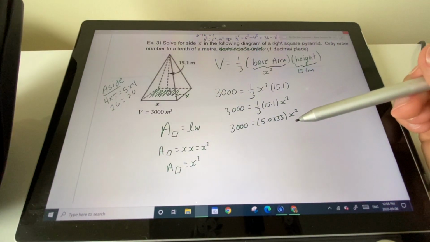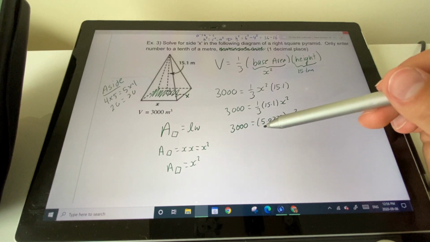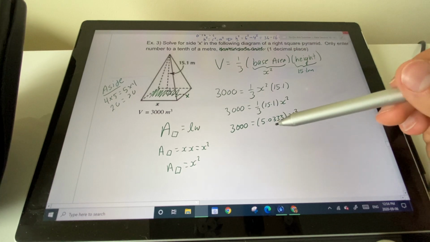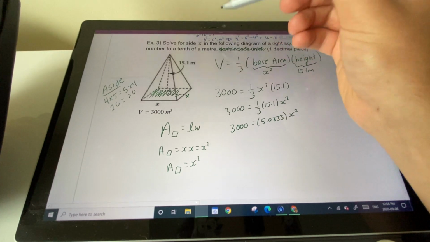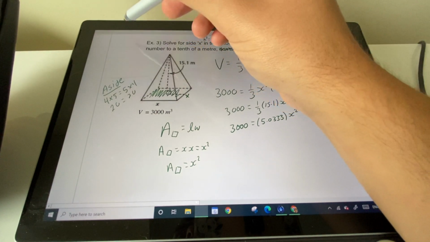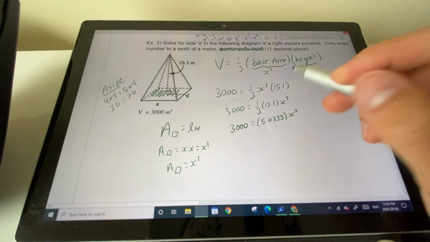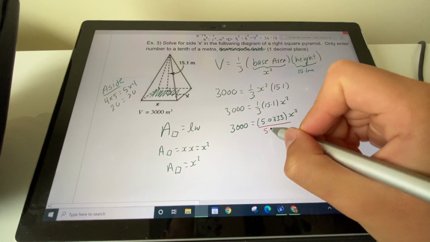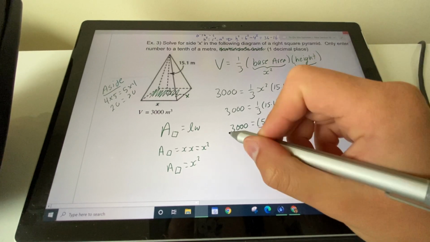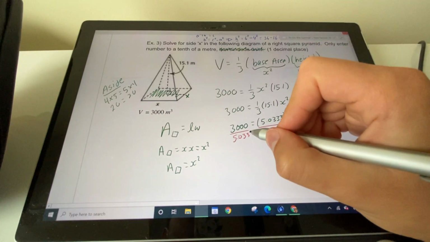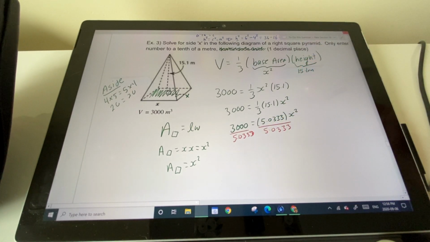Now, how do I solve for x? Well, this thing is multiplying x, so we want to divide it away. Remember, you do the opposite operation of what the number is doing. 5.0333 is multiplying x squared, so I'm going to divide to cancel it out. If this part is confusing you, you need to come in and ask for help.